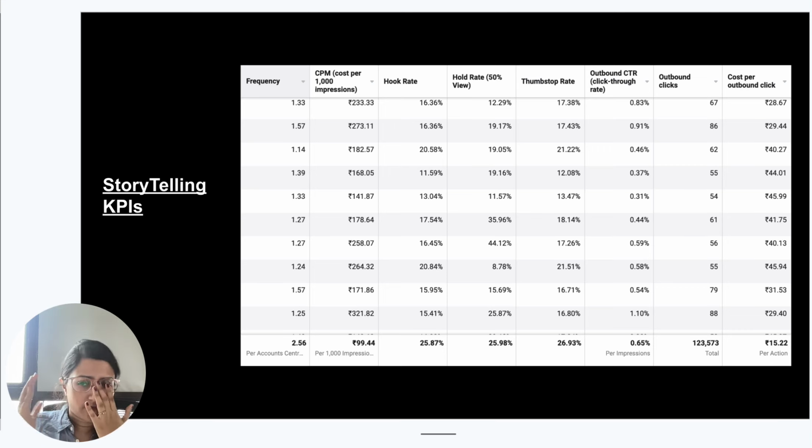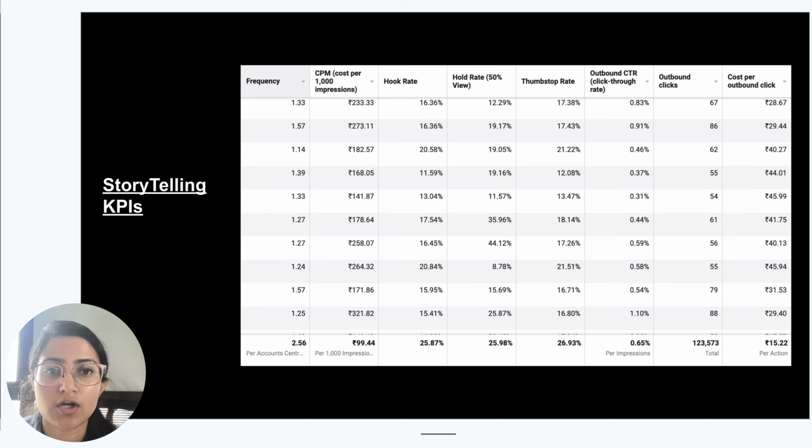So the first metric that I like to look into on my account level is the frequency. Is my frequency very high or low? But it's good to keep track of whether any particular creative has very high frequency.